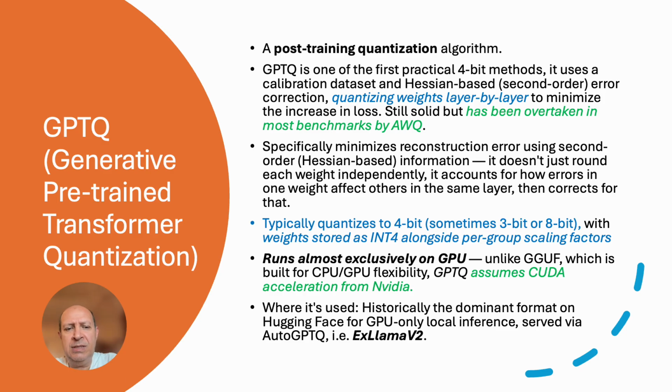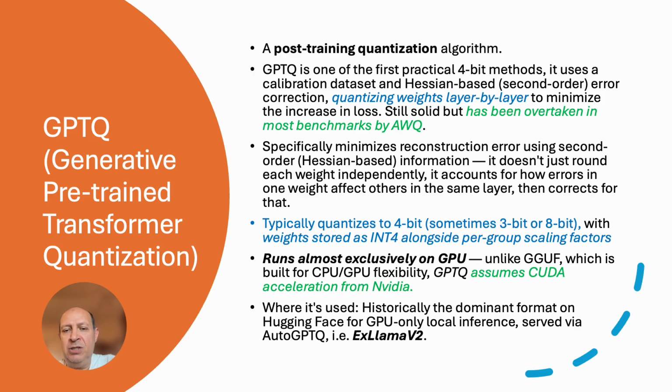GPTQ, which stands for Generative Pre-trained Transformer Quantization, is a post-training quantization algorithm, meaning the models are pre-trained first, and then a quantization algorithm is applied on the trained model. GPTQ is one of the first practical 4-bit methods.